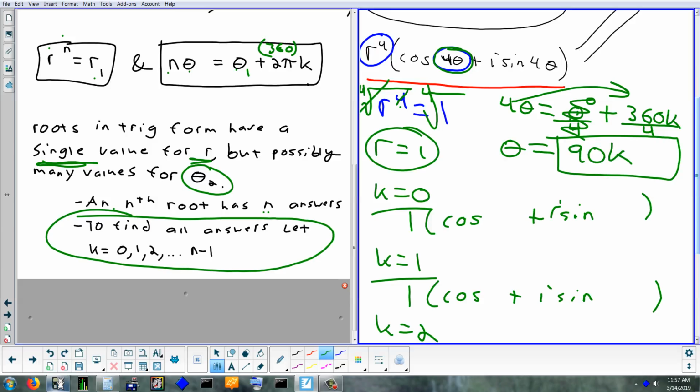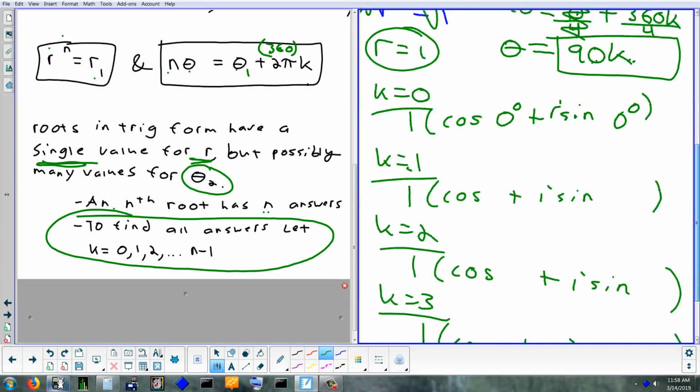So there's your formula for theta. Let's go through one at a time. K equals 0. What's 90 times 0? 0. K equals 1. What's 90 times 1? 90.